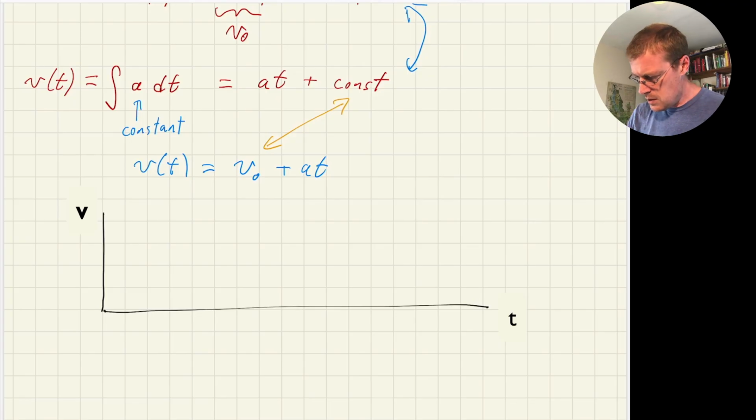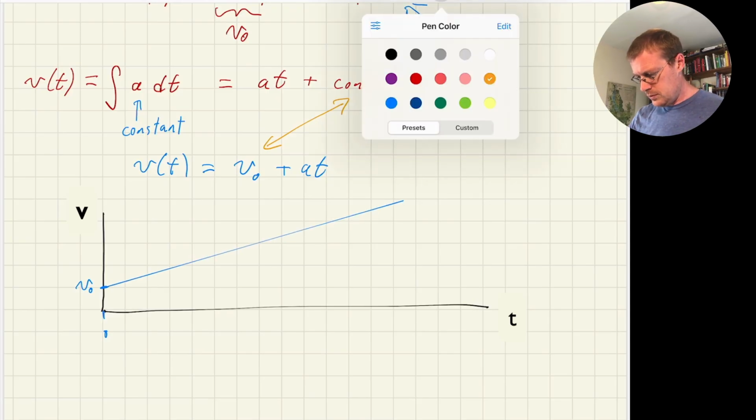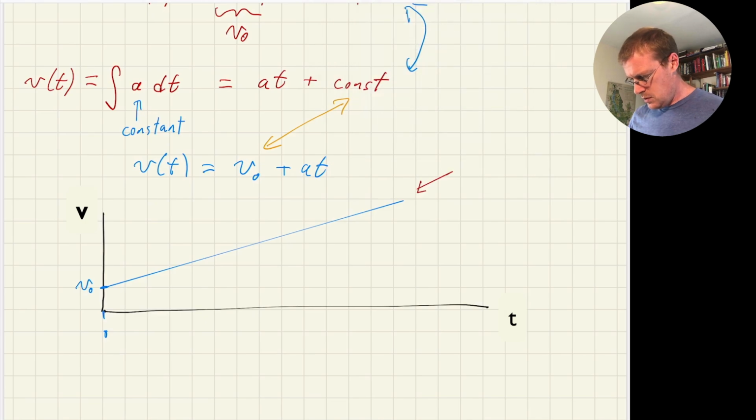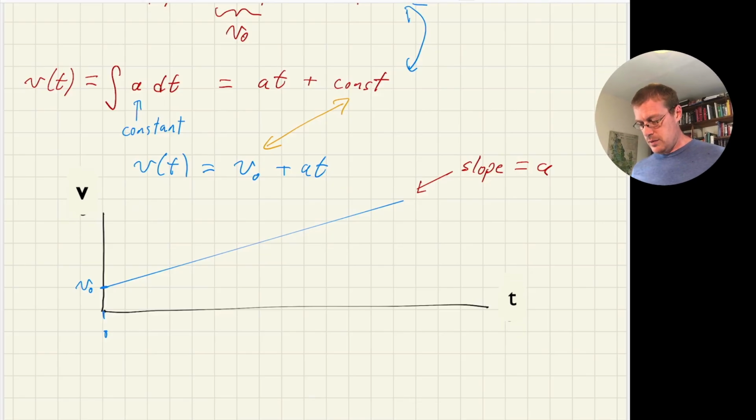If I put V naught here and 0 here, I just get a line of constant slope, and that slope is just the acceleration. Now, if V naught was negative, instead of starting this curve up here at some positive value, I would have started at some negative value here, but it would again just look like that same curve.